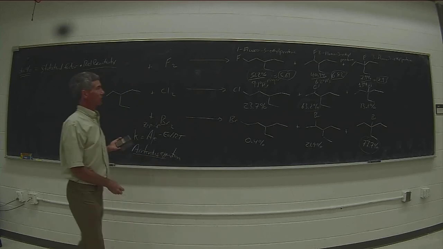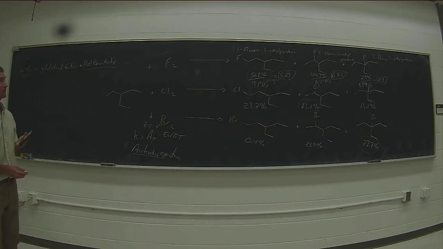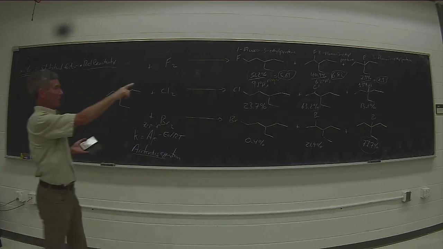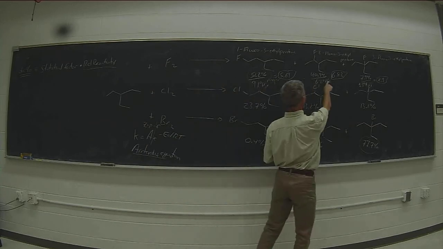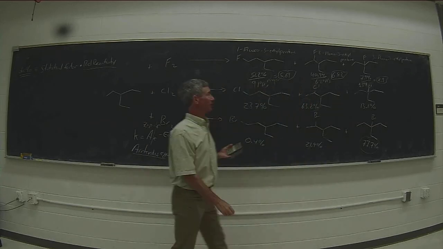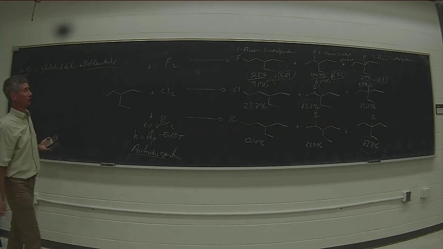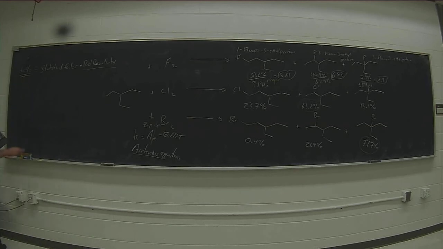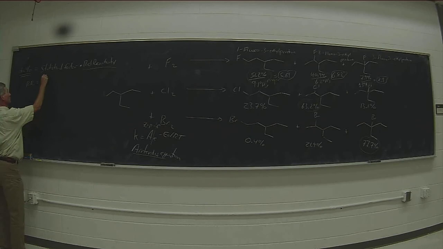So the ratio of reactivity should be 5.69 to 6.8 to 7.9 for a primary hydrogen versus a secondary hydrogen versus a tertiary hydrogen. So what we're doing is we're calculating relative reactivity by rearranging this equation. Relative reactivity is equal to observed percent divided by a statistical factor.